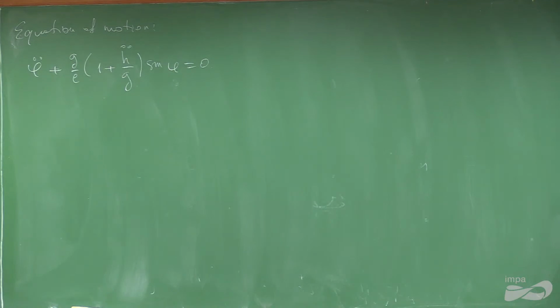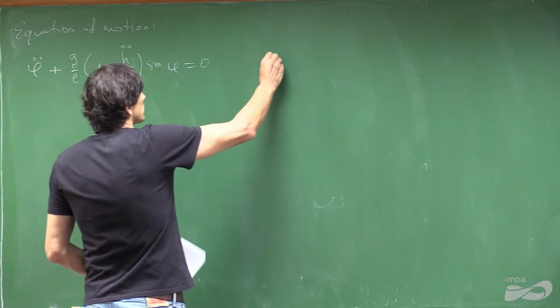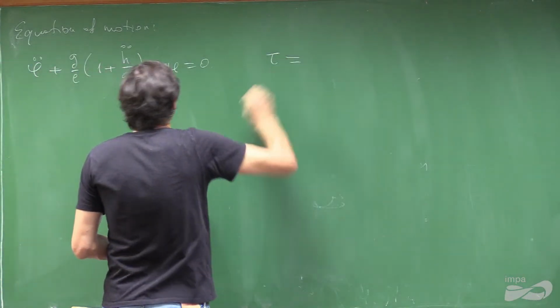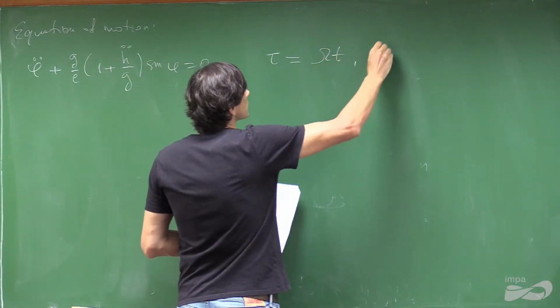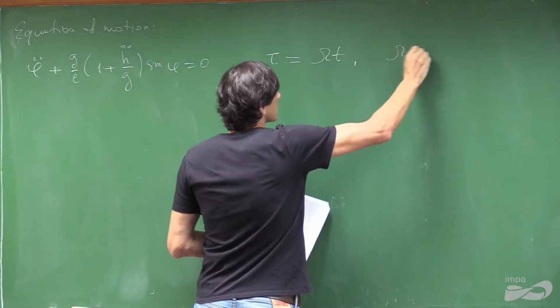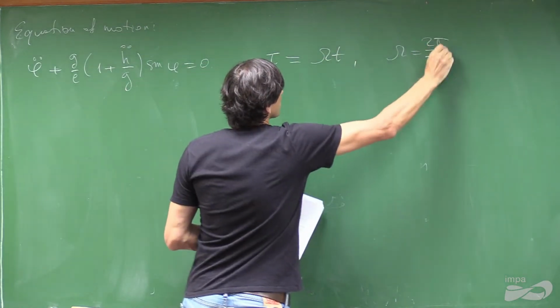So what we do, we define a different time. Instead of time t, we will now consider a time tau, which is omega t. Remember that omega is related to the period.